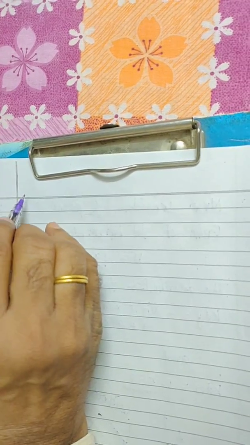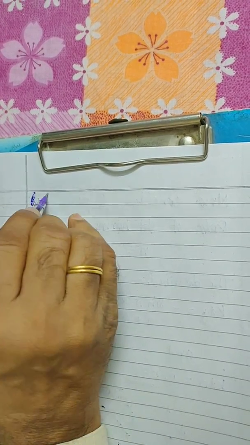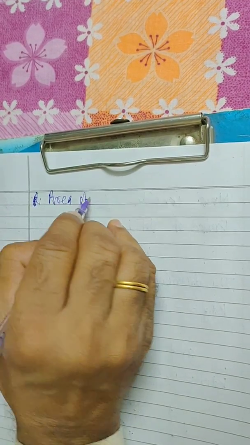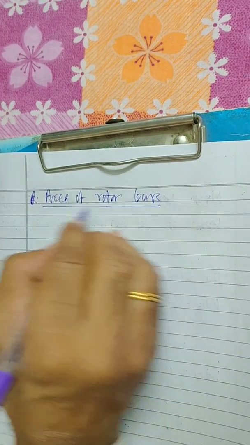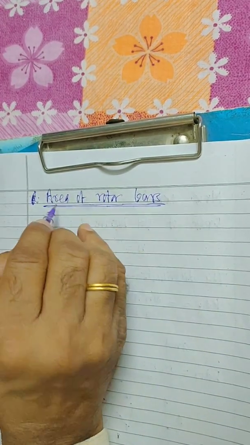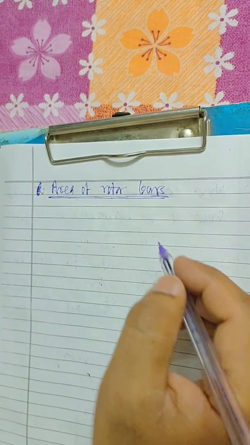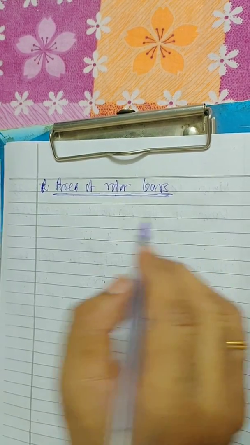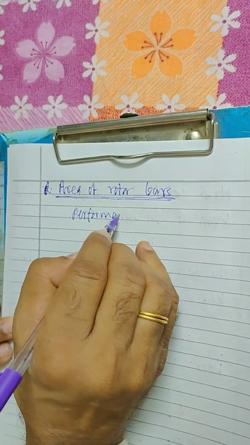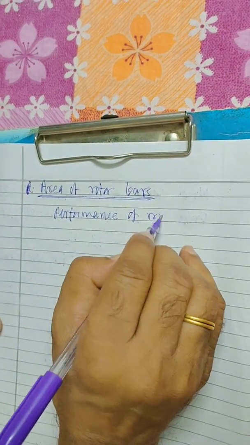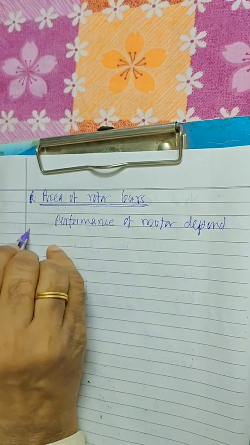Now, cross-sectional area of rotor bars. The induction motor performance depends on rotor resistance.